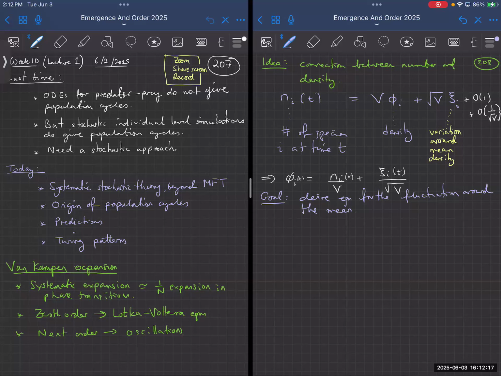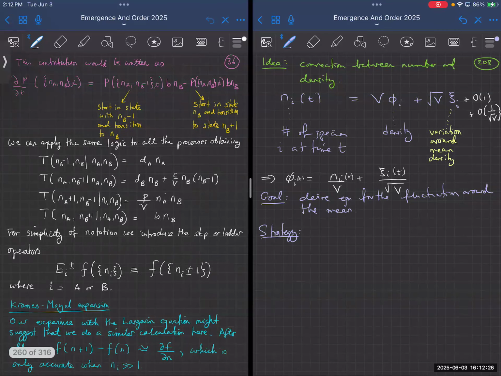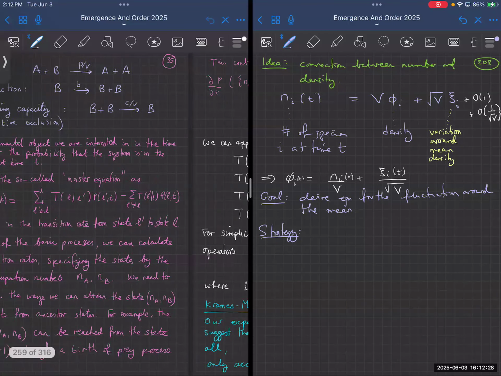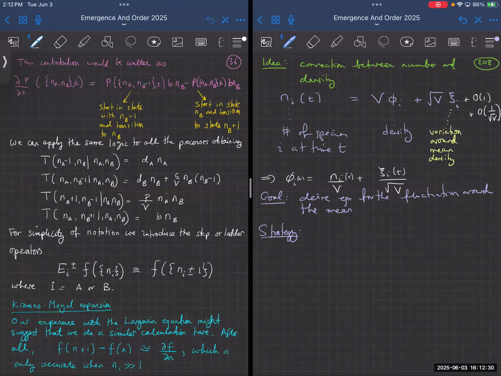So here is the strategy. What we're going to do is write down the master equation that I've written down for you earlier. So here is the master equation over here on the left-hand side, just in purple on the left. That was the form of the master equation, probability for the number of prey, the number of predators at time t, and then there are various terms in that.